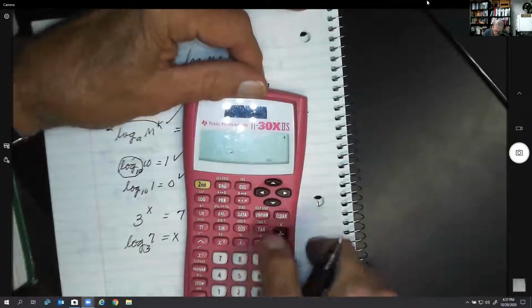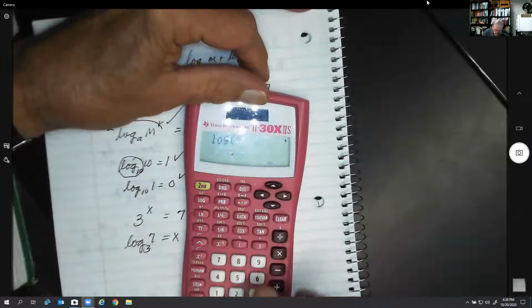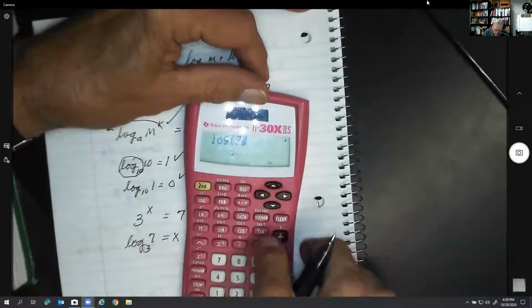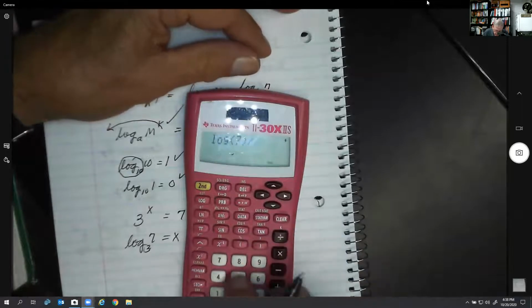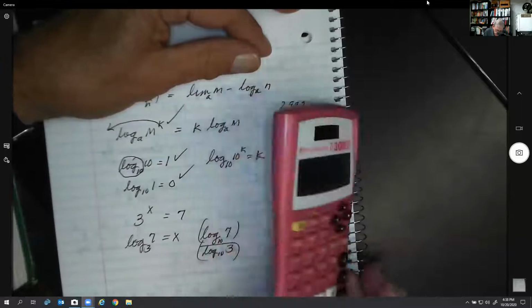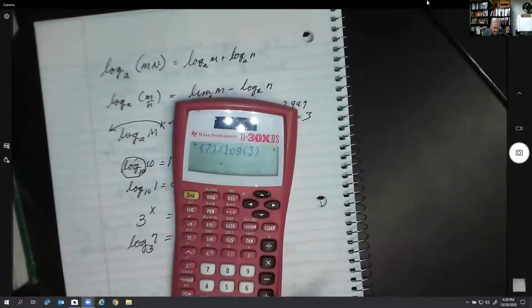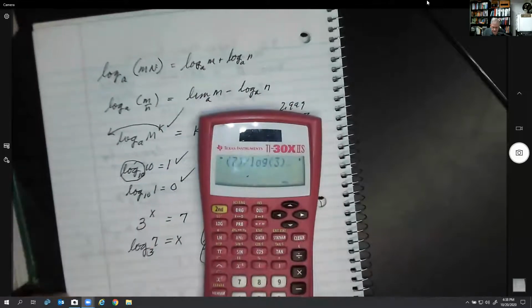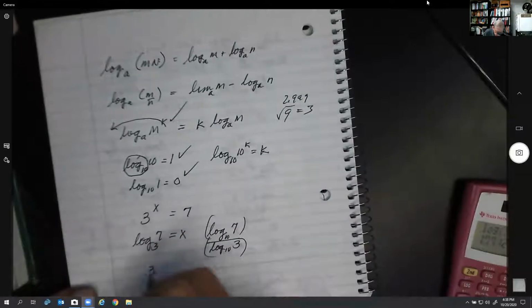So when we do it, we want to make sure when we put this in, let's say log of 7, we finish that parentheses, divided by the log of 3. And this should give me 3 to the x, and x should be about 1.77 equals 7.